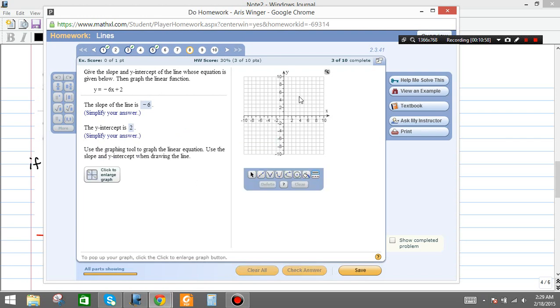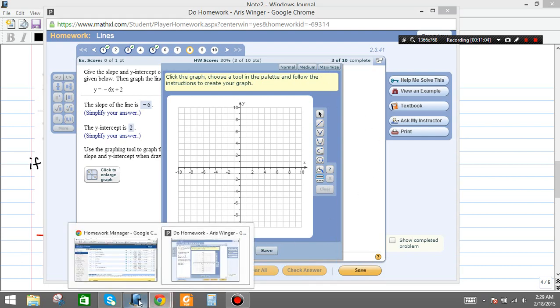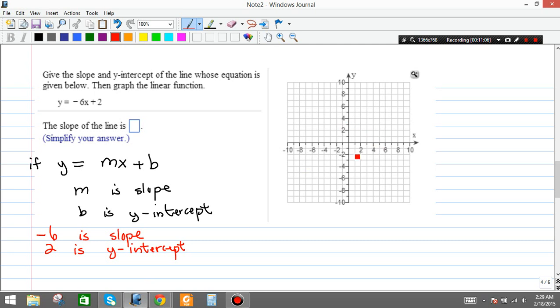We now need to graph this. What that means is, let's go ahead and write this. So now what this means is that the y-intercept is where you intersect the y-axis. 2 is the y-intercept.